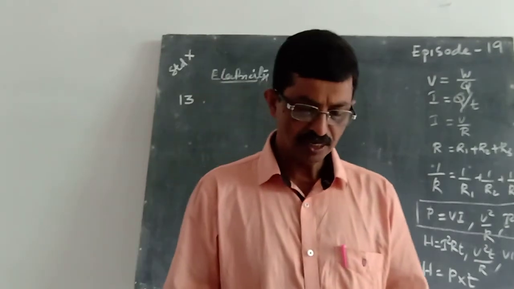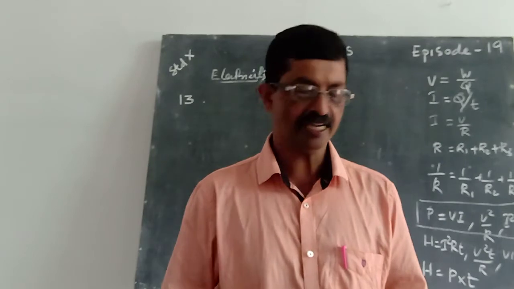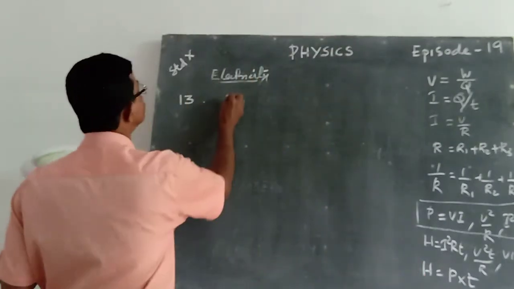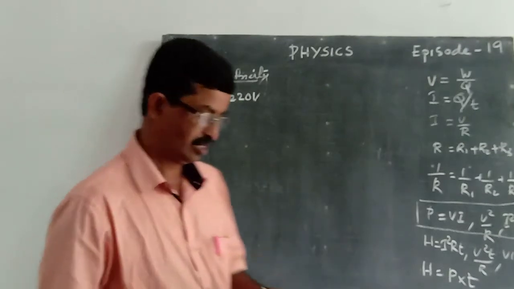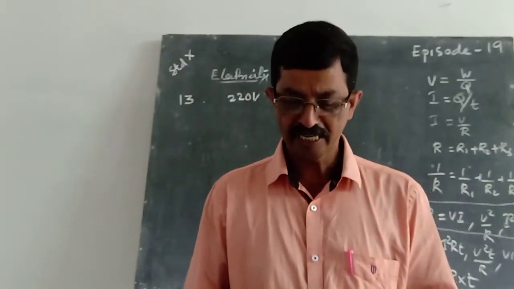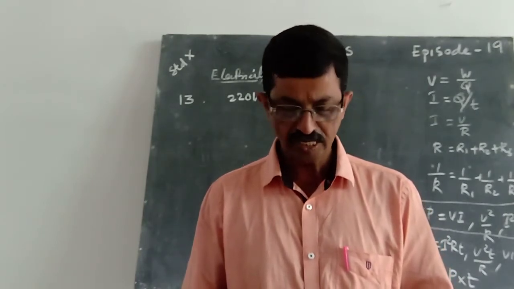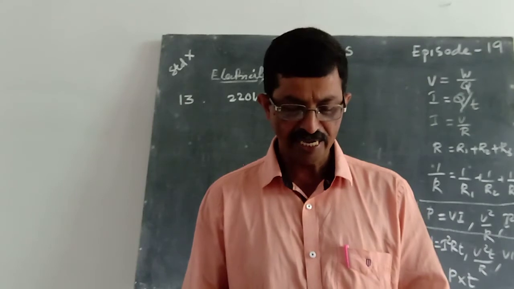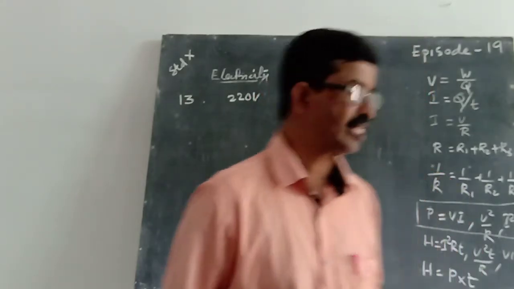A hot plate of an electric oven connected to a 220 volt line has two resistance coils A and B, each of 24 ohm resistance.